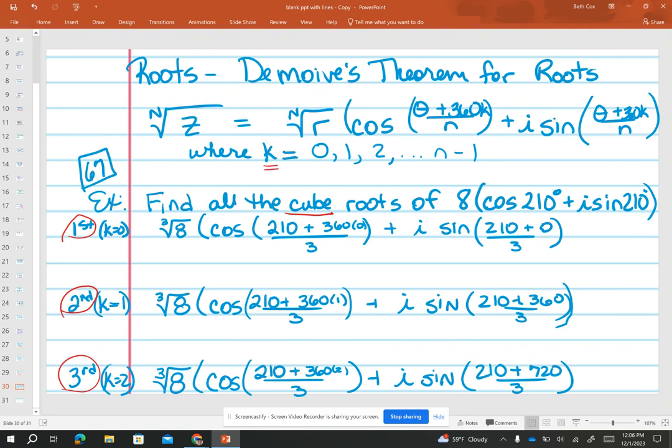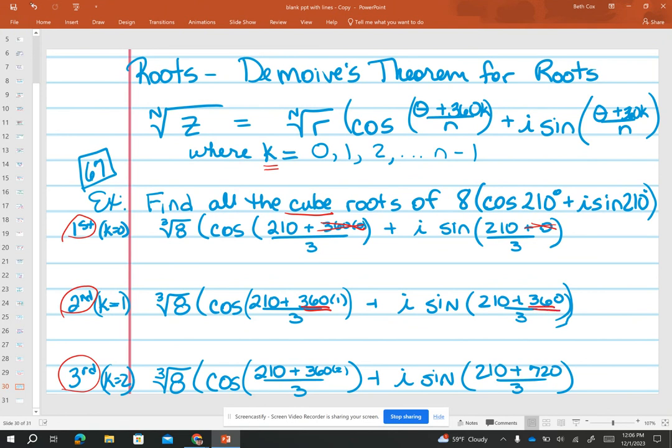Since there are 3 of these, the first one comes by just doing the cube root of the 8 plus cosine of the 210. Now technically this k is 0, so it would just be 210 divided by 3. The second one, we're going to add 360 to it.